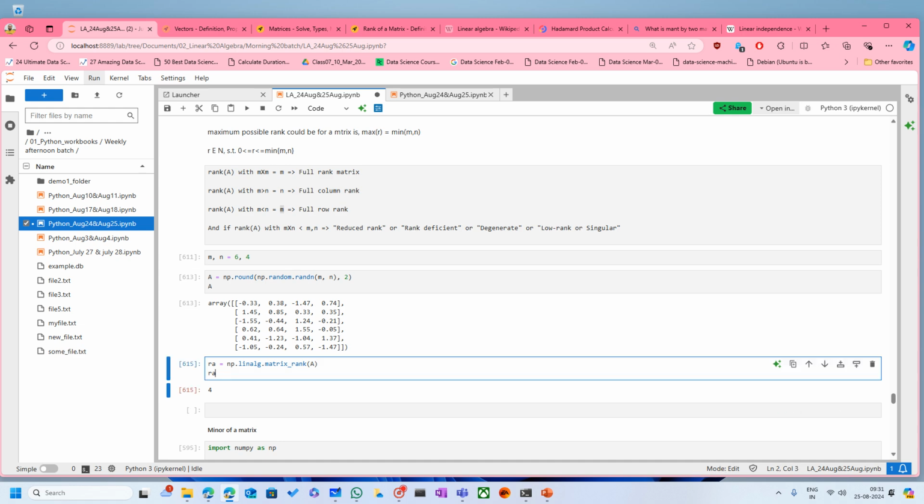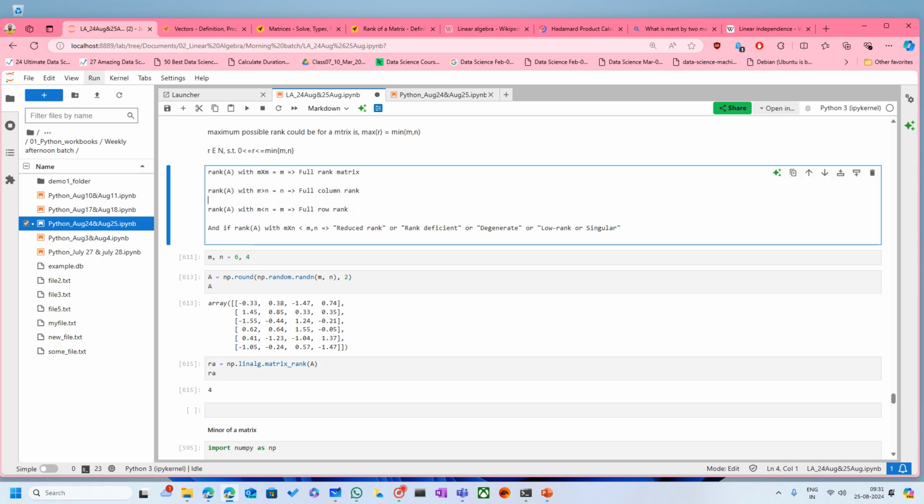Rank is still 4, so m is greater than n, so the value should be n. If m is greater than n, then the second rule applies, and the rank becomes n. So in a way, whatever is the minimum value, that is the rank. That is what I am inferring from this.